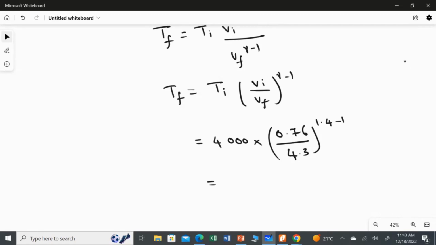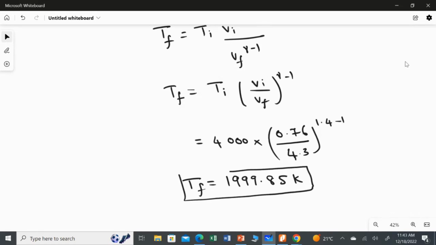Let's see what the answer is. I got the answer here as 1999.85 Kelvin. So this is the answer for the second part. The final temperature value is 1.999 times 10 power 3 Kelvin. Either you can write it in the power form, or you can just leave it as it is. That's it. Thank you.